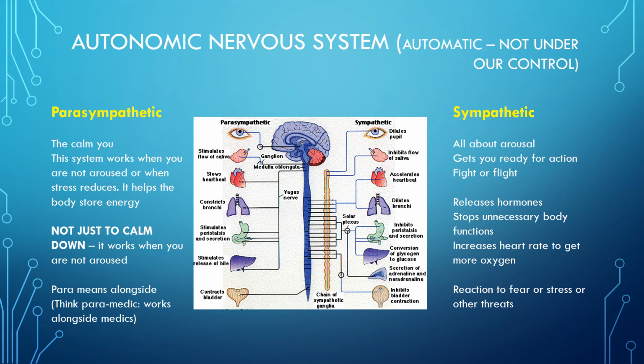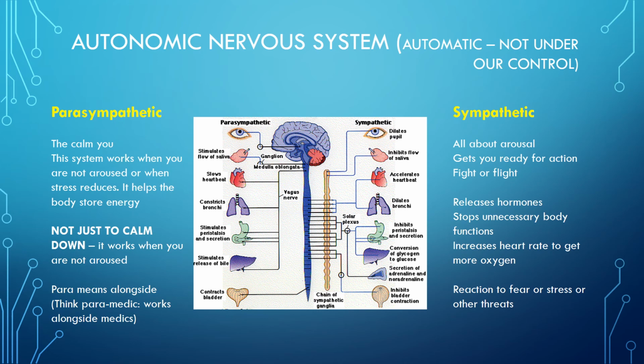It increases the size of the bronchi in the lungs so that there is more oxygen zooming around your body. All this to get you ready for action. And the arousal can be a reaction to fear or stress or other threats, but it can also be excitement, intense joy, happiness.